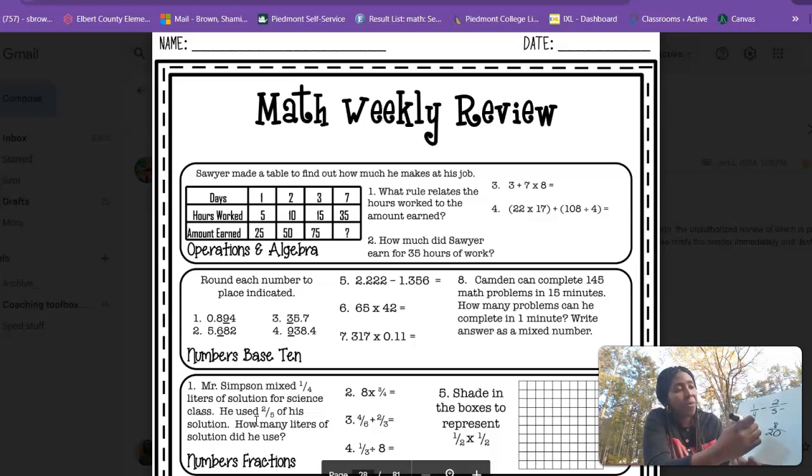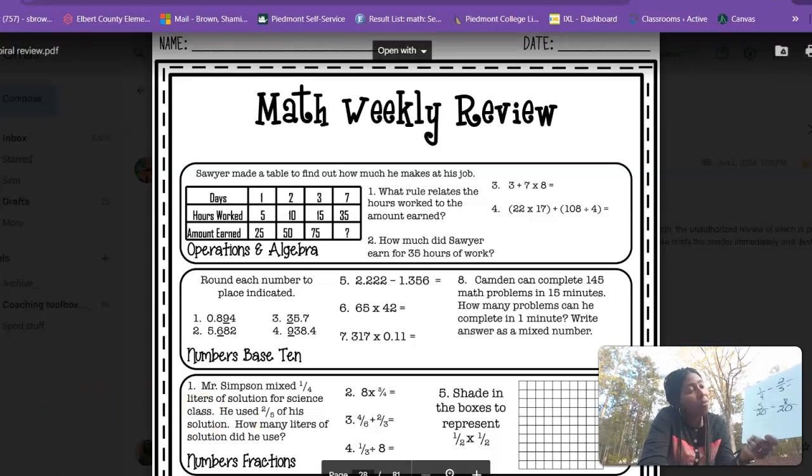So now I would have to subtract that. In order for me to subtract, I would have to borrow, because I can't do 5 minus 8. So I would need to make a whole, take away from this one. I could turn this into a mixed number, take one whole out, and that would give me 1.